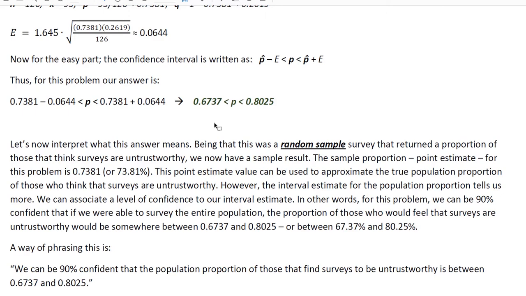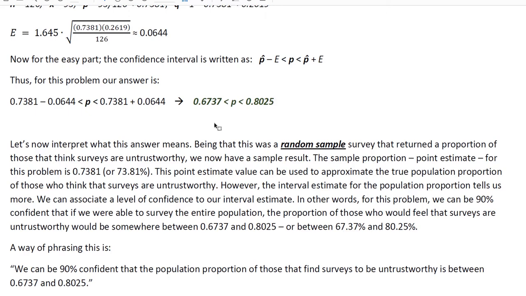That number is what we call a point estimate of the population proportion, meaning that it's a single number, and that single number we can use as an estimate for the population proportion. We don't know how accurate that number is. Depending upon how big my sample is, it can be more or less likely.